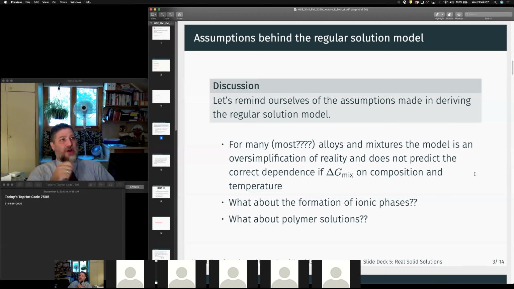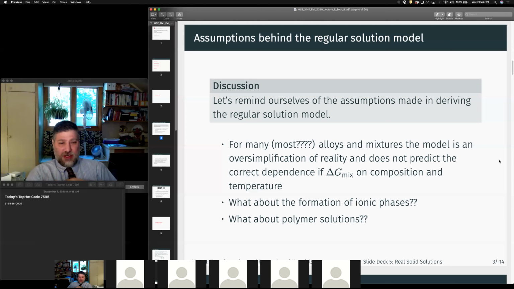So the deviation from random in the arrangement was also very small. The number of A-B bonds was very, very close to what you would expect from an ideal solution.